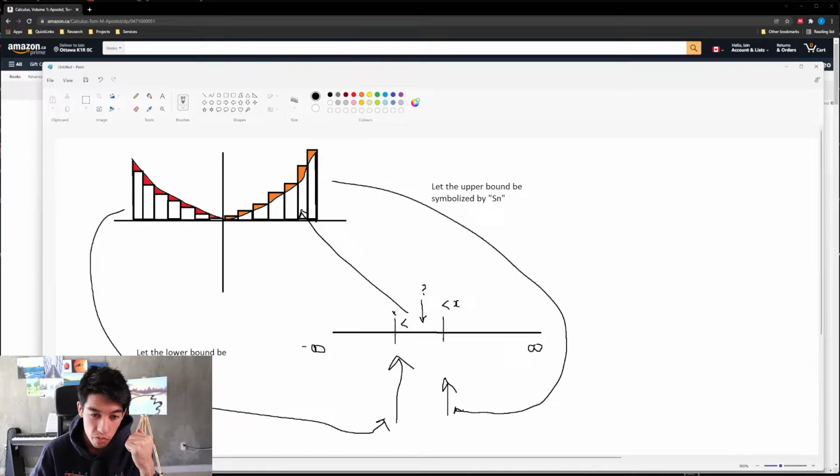So we have a bunch of rectangles, and the next thing we want to know is what this curve is. For the demonstration today, let's call this curve f of x equal to x squared. So it's just a quadratic equation.